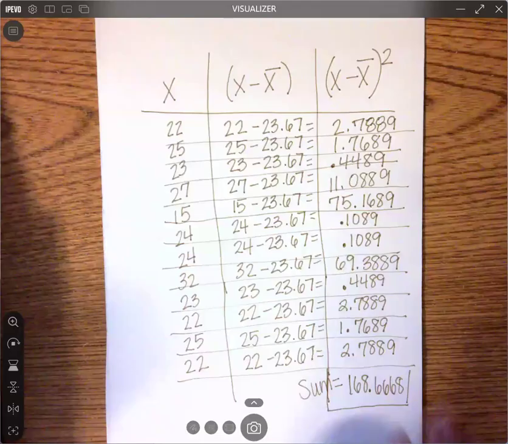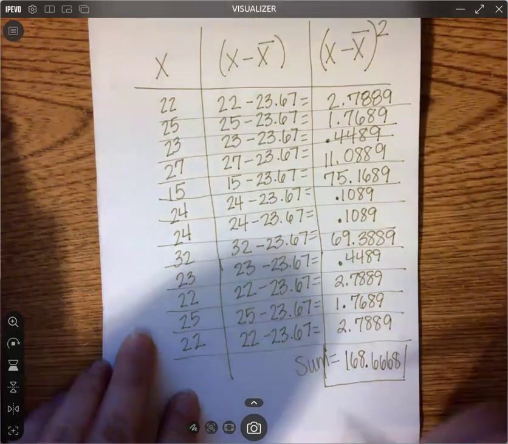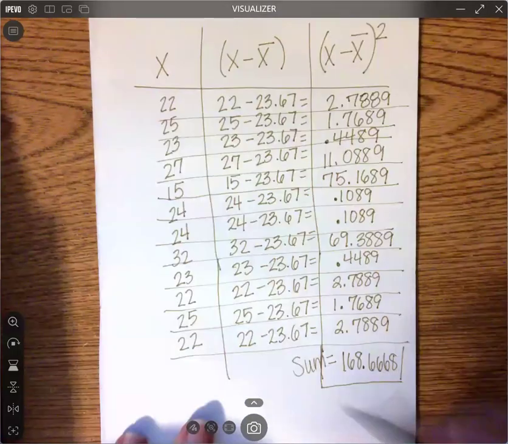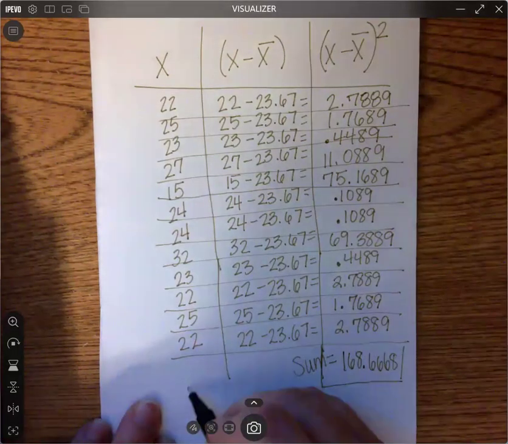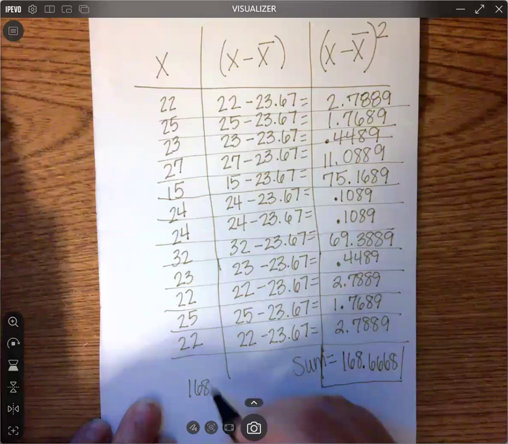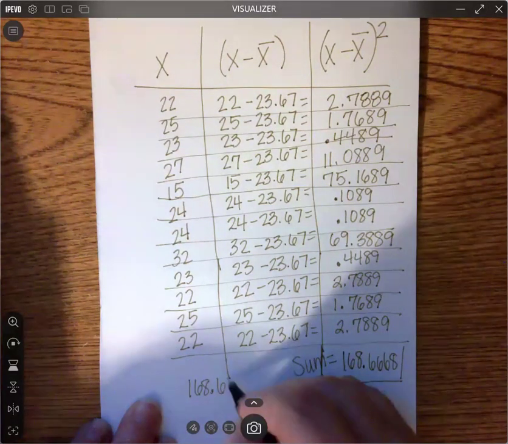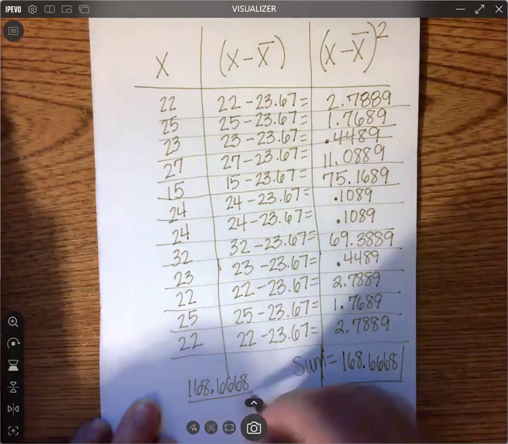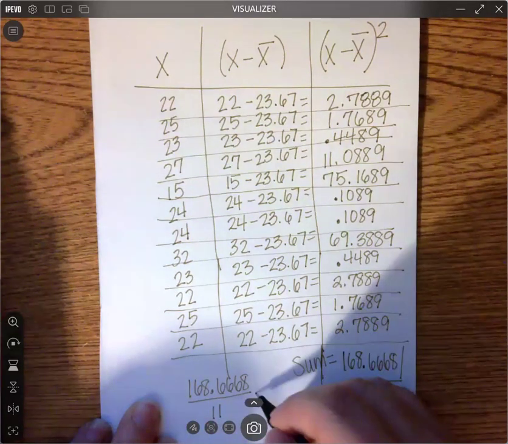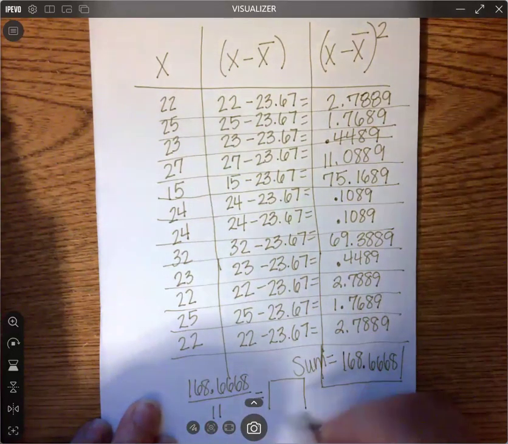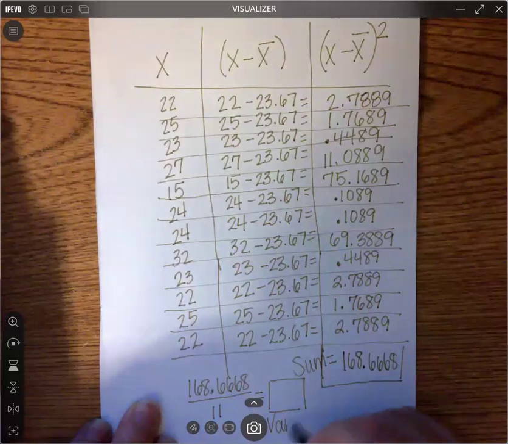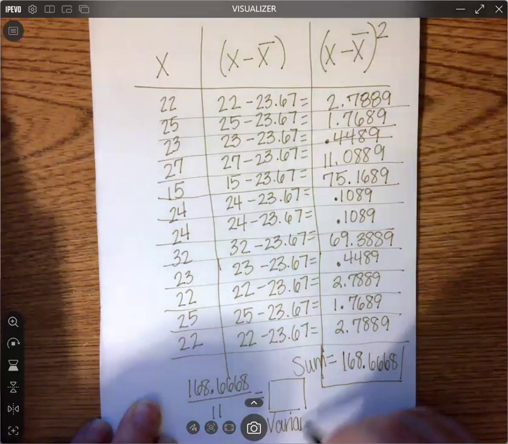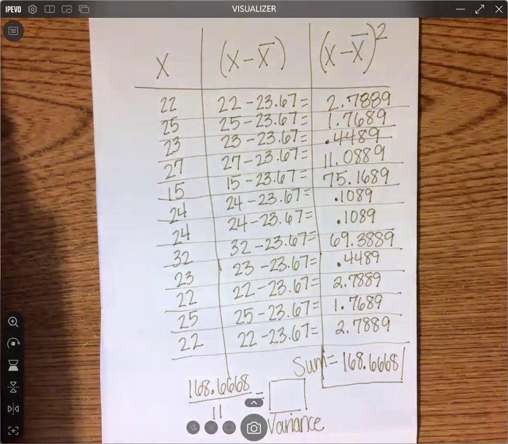All right, so we're going to divide by one less. So there were 12 trucks. So we're going to take 168.6668 divided by 11. This number is going to be called our variance. Okay.